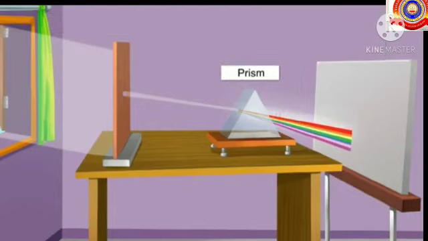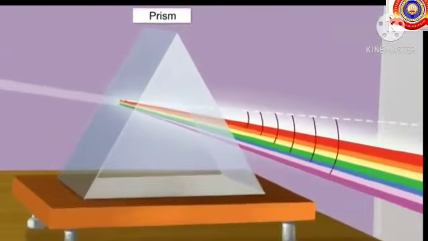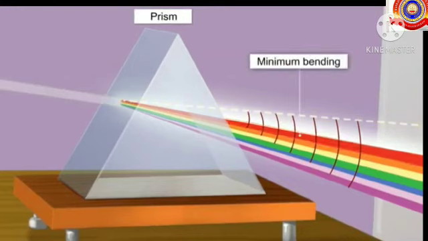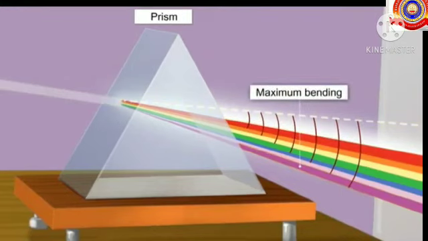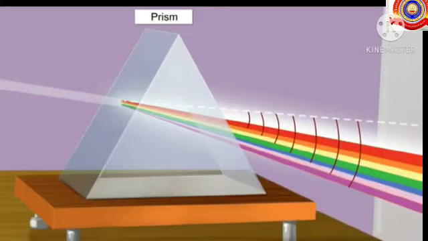That means the white light consists of 7 colors from violet to red. And the red light bends least and the violet bends most. So the maximum bending is for violet and the minimum bending is for red light.